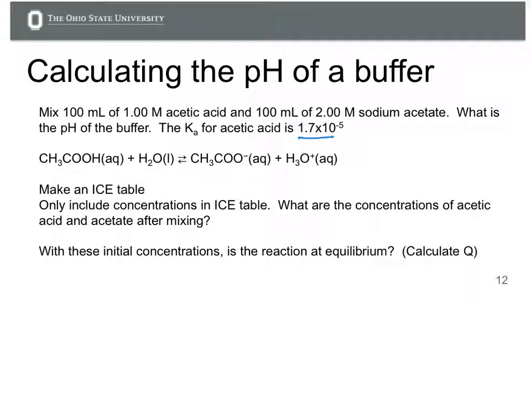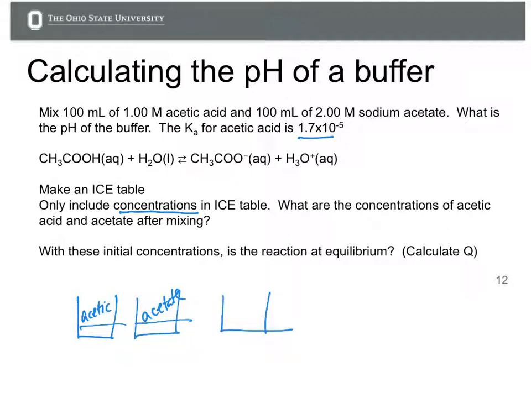So we're going to first use an ice table, okay? And make sure we, again, are using concentrations in the ice table. All right. Now, I've given you concentrations of acetic acid and acetate. So here's our 2 beakers. Here's our acetic acid. Here's our acetate. 100 mils of each. We're going to put those in a new beaker, one at a time.